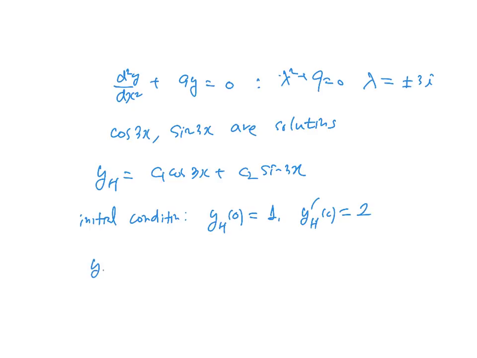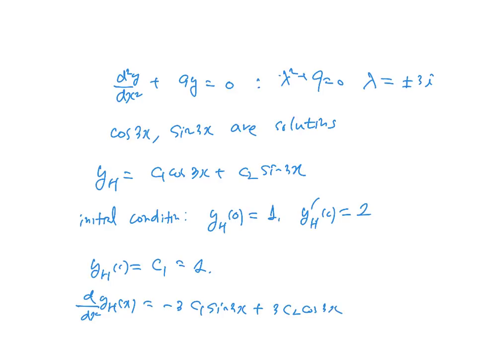So y_h(0) is C1. What is sine 3 times 0? 0, right? So C1 is actually 1. Oh, very nice choice. And if we differentiate, we have minus 3 C1 sine 3x plus 3 C2 cosine 3x, right?